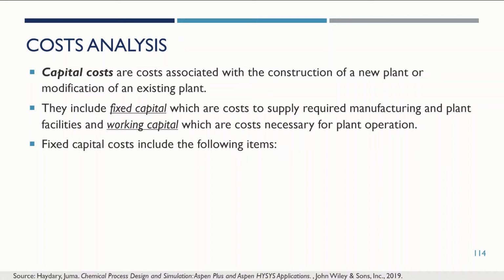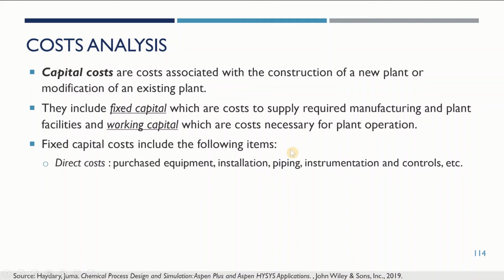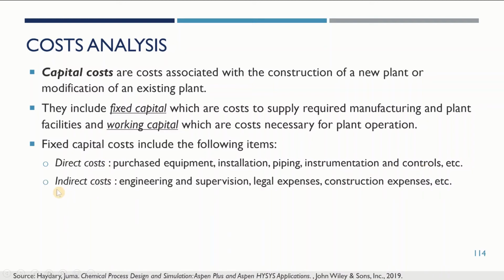The fixed capital costs consist of the following items: the direct costs, which are the costs relating to the purchased equipment, installation, piping, instrumentation, and controls, for example. The indirect costs, which are the costs relating to the engineering and supervision, legal expenses, construction expenses, for example.